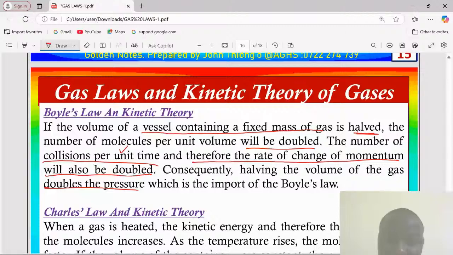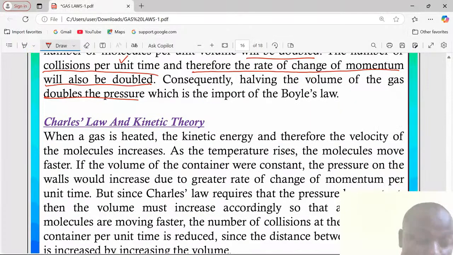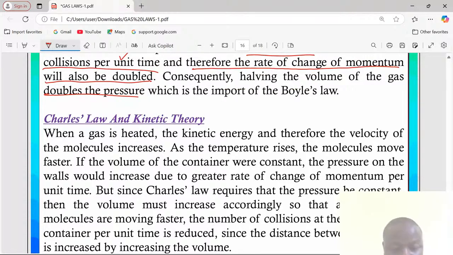The collisions the gas particles make with the container per unit time, which result in pressure, have increased with a decrease in the volume of the container. And that verifies Boyle's law.